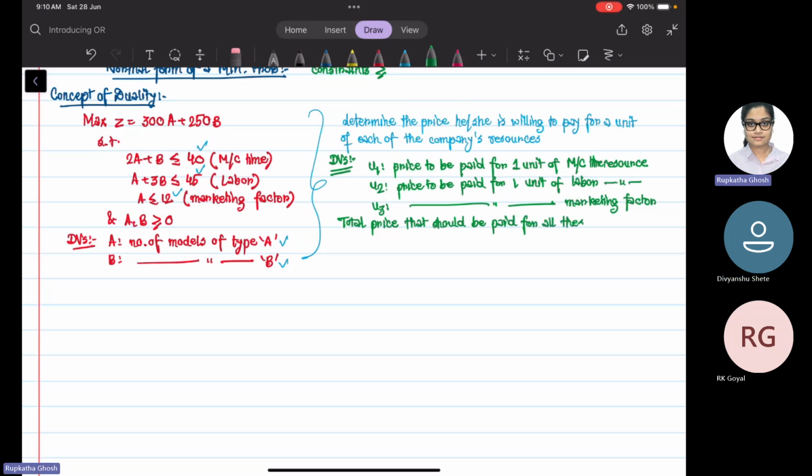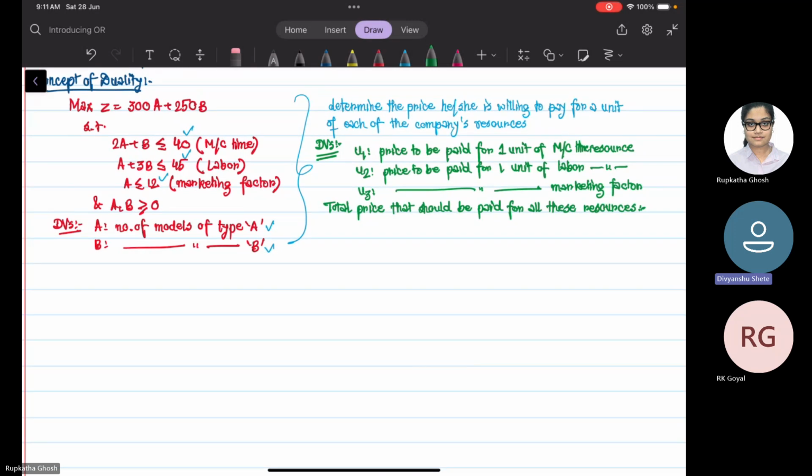Yeah. So just give me the equation. So it would be like 40 U1 plus 45 U2 and 12 U3.